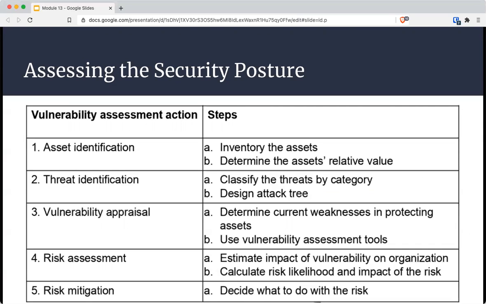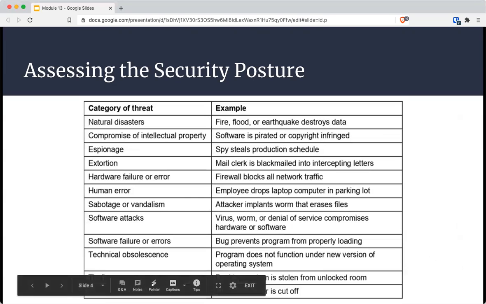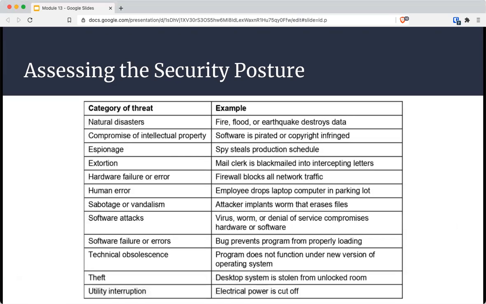Because the threats that we identify could pretty much be everything from espionage, extortion, to a hard drive failing, to a meteor falling from the sky, to a power outage, to rats in the line chewing up the cables and causing mayhem.